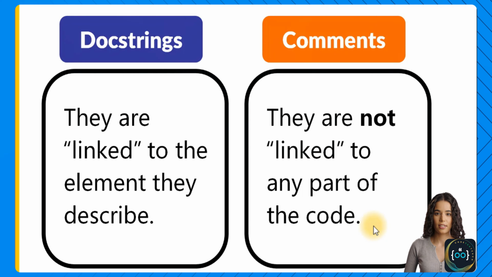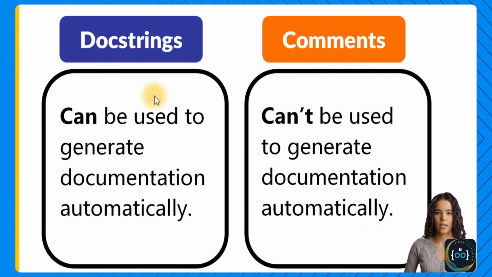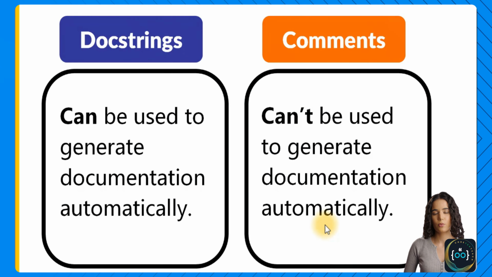Actually, they are removed behind the scenes and they are not considered part of the code when the program runs. Another key difference is that docstrings can be used to generate documentation automatically using certain tools. But comments cannot be used to generate documentation automatically.